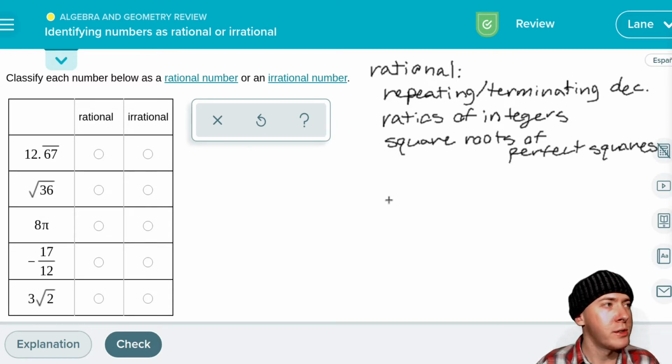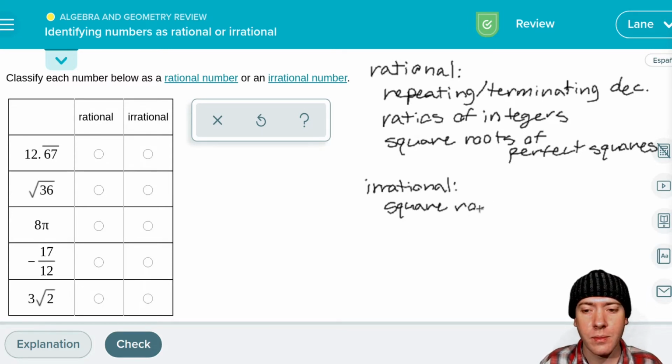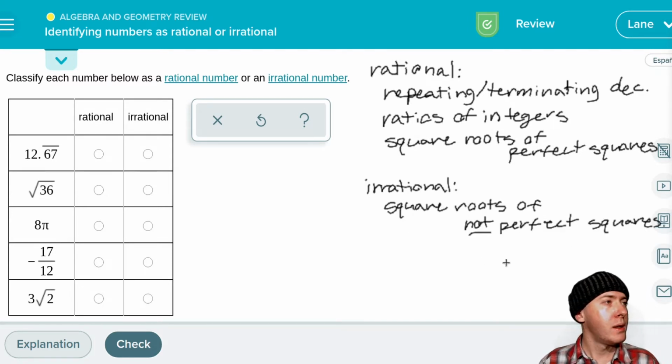And the irrational numbers are going to include square roots of numbers that are not perfect squares and any multiple of pi, or any number multiplied by pi.